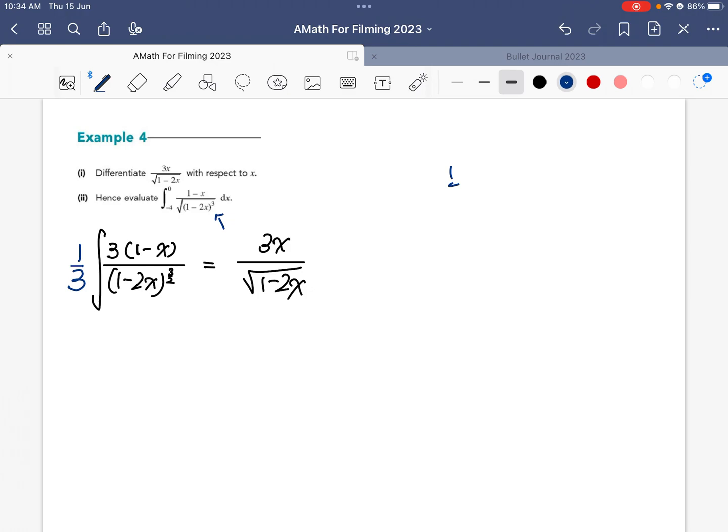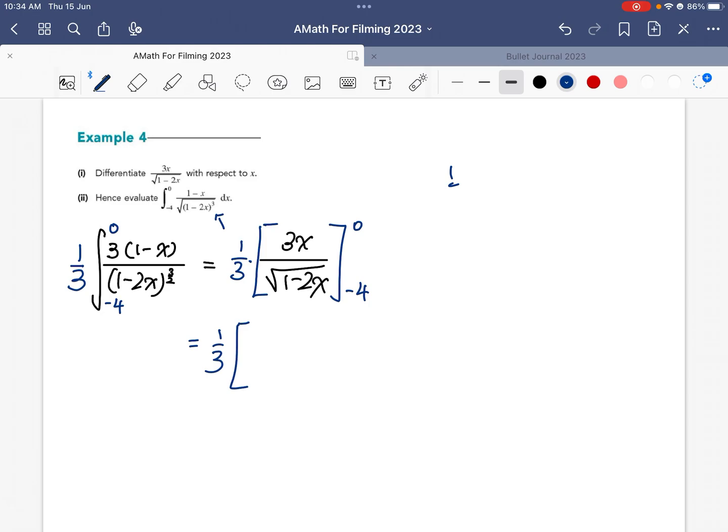Then, if I multiply by 1/3 on my left hand side, what I need to do on my right hand side is to multiply by 1/3 as well. Not forgetting that this is a definite integral, I'm integrating from 0 to negative 4. Since I've integrated already, I put here 0 to negative 4. Next, I put in the values.